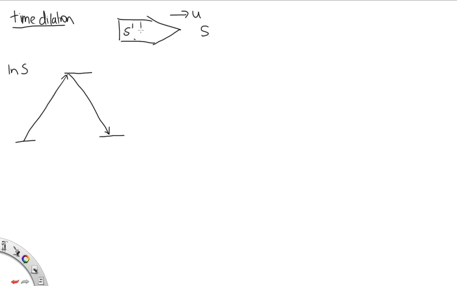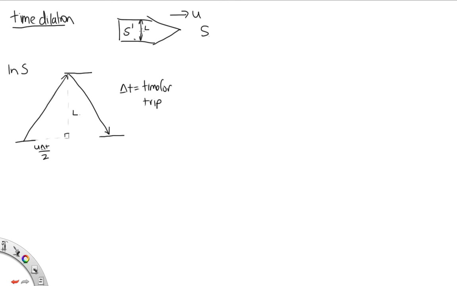If we let the distance between the two mirrors inside the ship be L, this distance here is L, and if we say that the time for the trip is delta t, then this side of the right angle triangle is given by u delta t over 2.